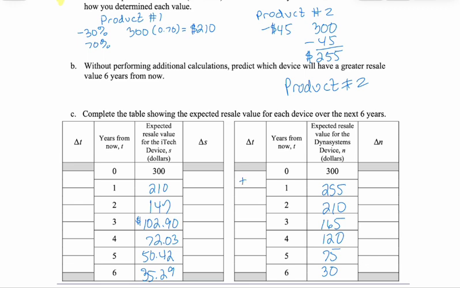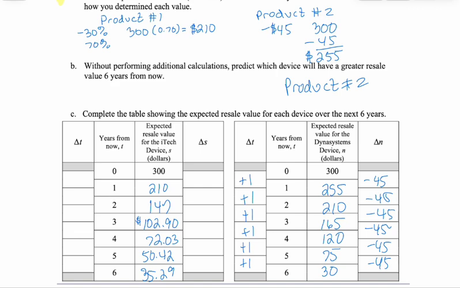Here, we went up by 1. Here, we went down by 45. Up by 1, down by 45. Up by 1, down by 45. It is a constant rate of change. The slope, delta N over delta T, is always negative 45.